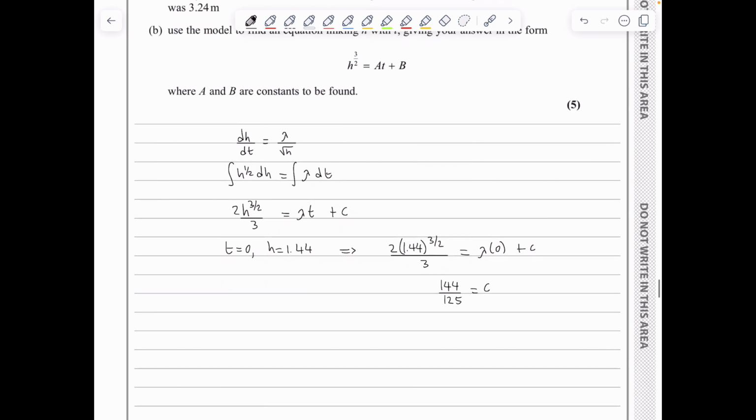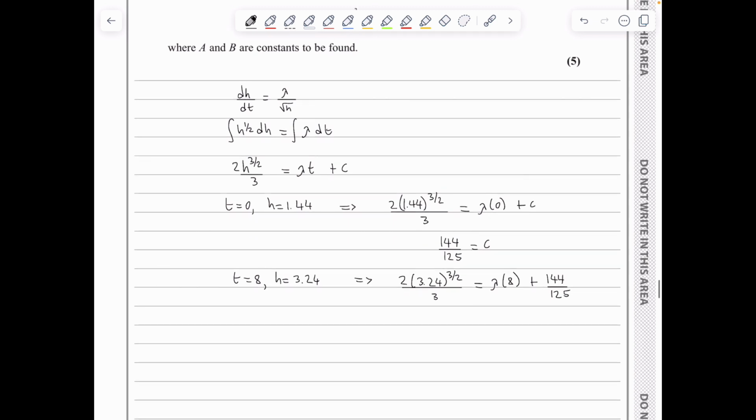When t is 8, we were told that h is 3.24, which means that 2 times 3.24 raised to the power of 3 over 2, divided by 3, is equal to lambda times the t, which was 8, plus the c, which is 144 over 125. Now we get that 342 over 125 is equal to 8 lambda, and therefore we have that 171 over 500 is equal to lambda if I divide throughout by 8.